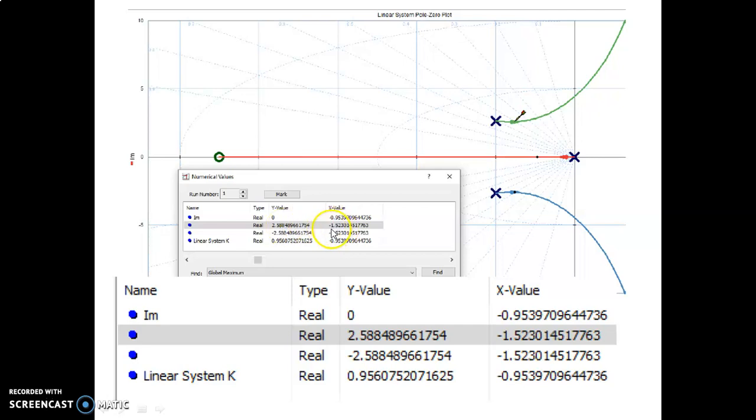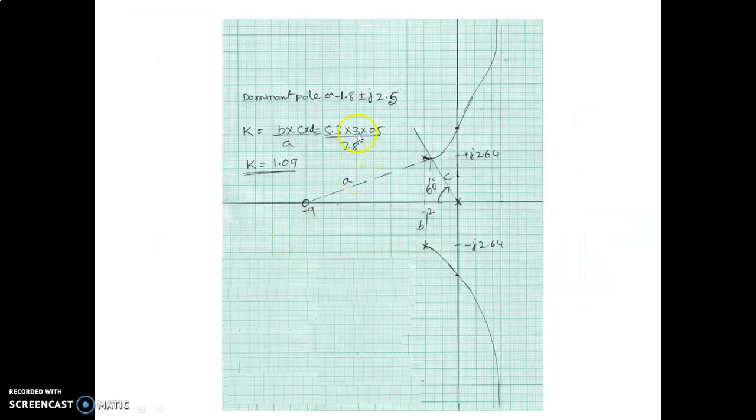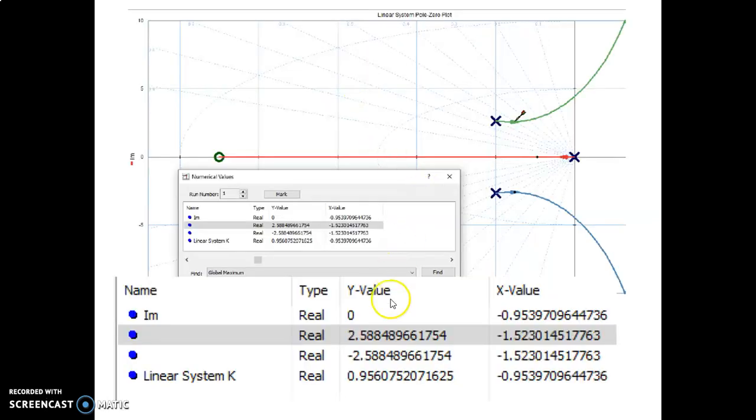So the real part is minus 1.5, and the imaginary parts are plus j 2.58 and minus j 2.58. We almost got it as plus or minus j 2.5. Of course in simulation you can get the exact values, minus 1.52 plus or minus j 2.58.